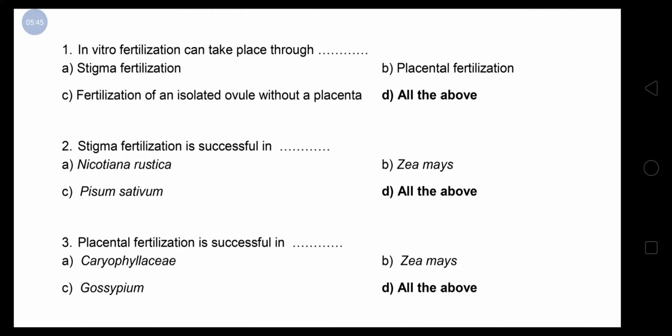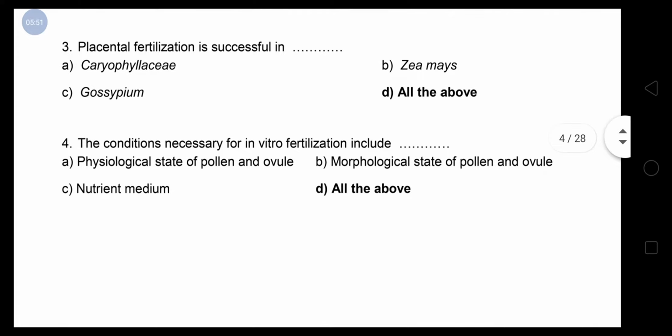Stigma fertilization is successful in Nicotiana rustica, Zea mays, and Pisum sativum. Placental fertilization is successful in Caryophyllaceae, Zea mays, and Gossypium. Conditions necessary for in vitro fertilization include the physiological state of the pollen and ovule, the morphological state of pollen and ovule, and the nutrient medium.